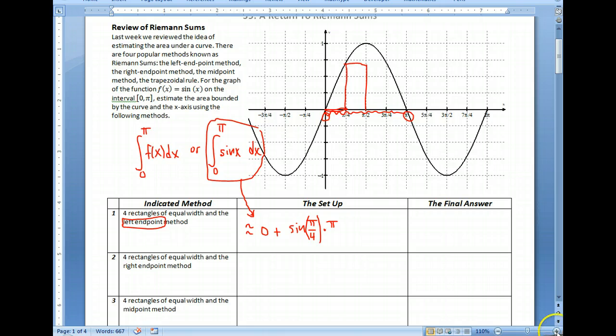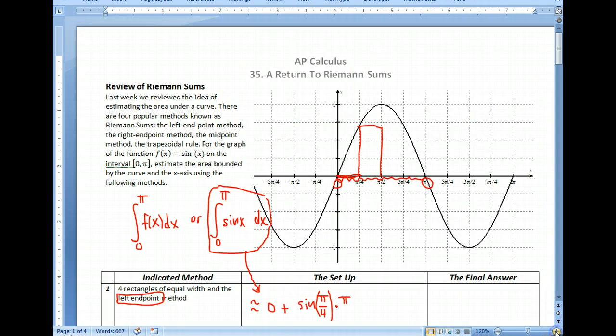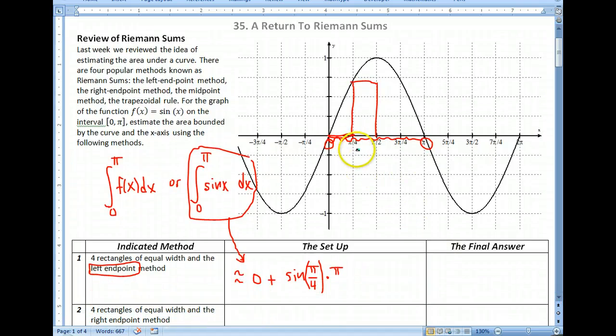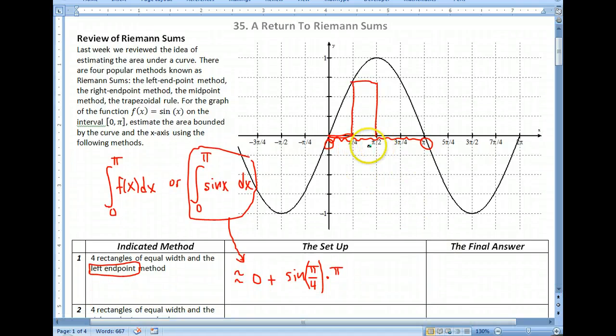Maybe you guys can't see it. It's pi over 4. From here, one of these units is only pi over 4, because from 0 to here is pi over 4. So this is pi over 4, pi over 4. So it stops at pi over 2, but you started at pi over 4. So each of these intervals are going to be pi over 4 as the base.